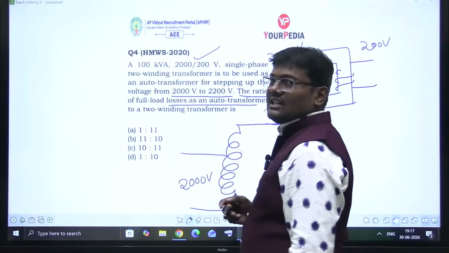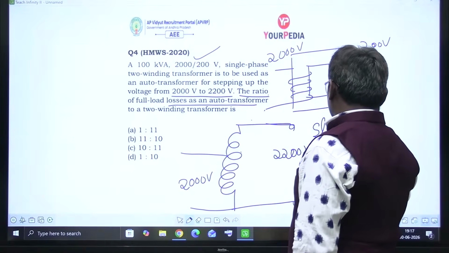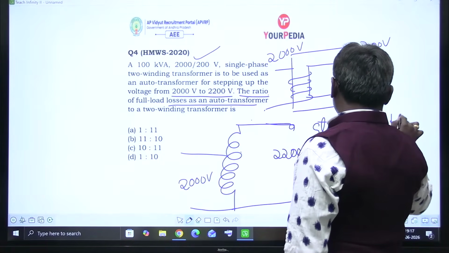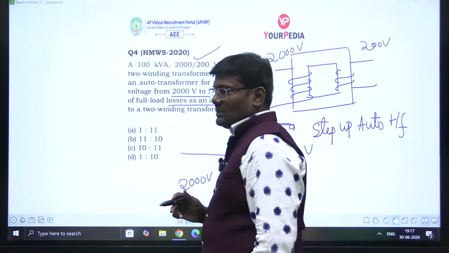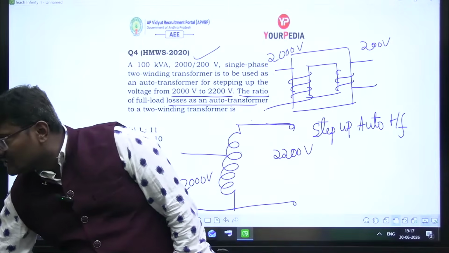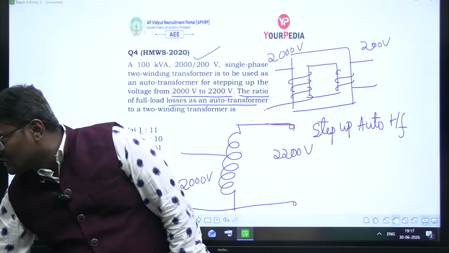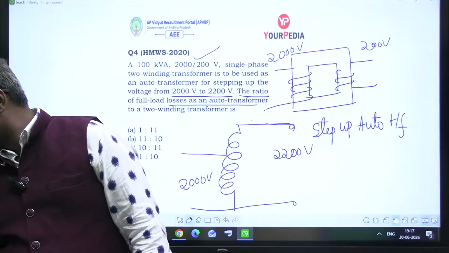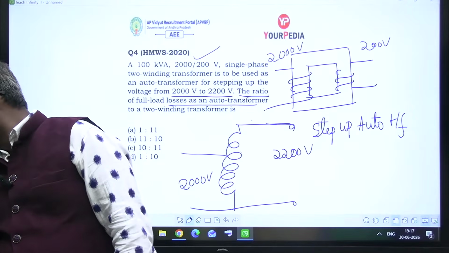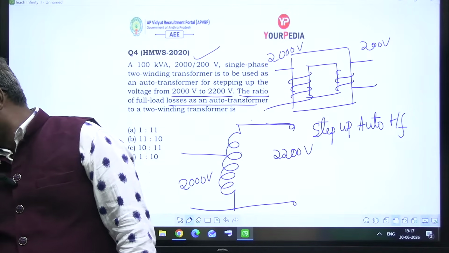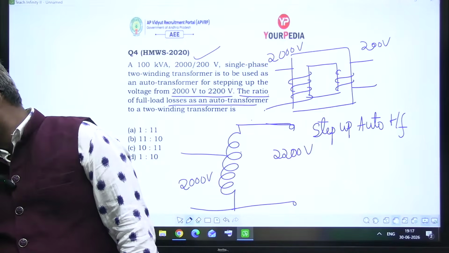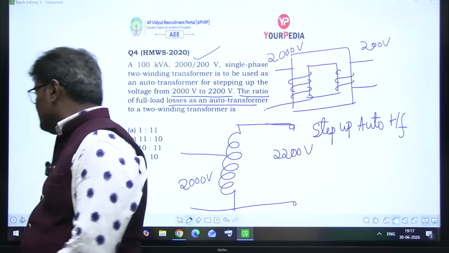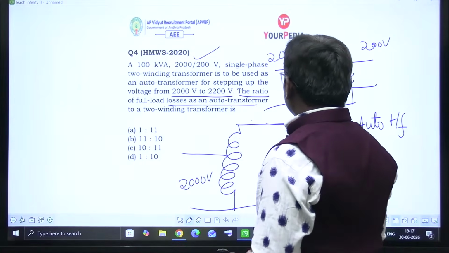So we can use it as a step up auto transformer. So any guess for this? Nishta has given C. Others, still C.